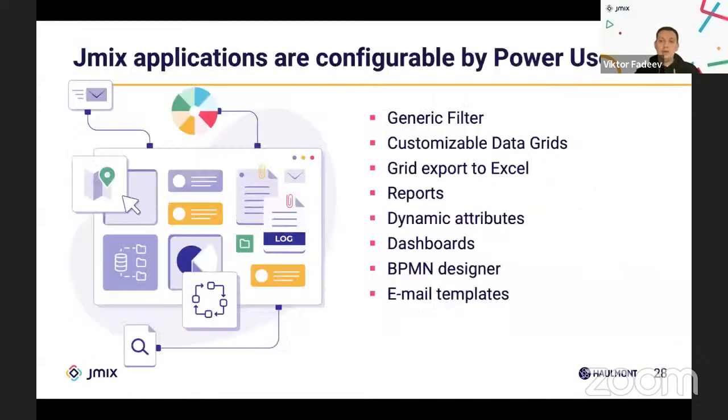Again, I want to highlight that the support of power users, which we enable with Jmix, is a very valuable feature, and it's usually underestimated. In Jmix, we implemented a very sophisticated BPM implementation, especially the example which Mario showed you a minute before. And we see a lot of potential for this area.